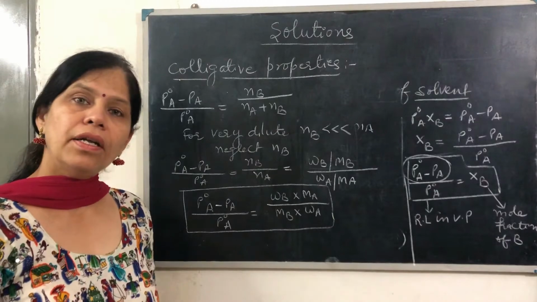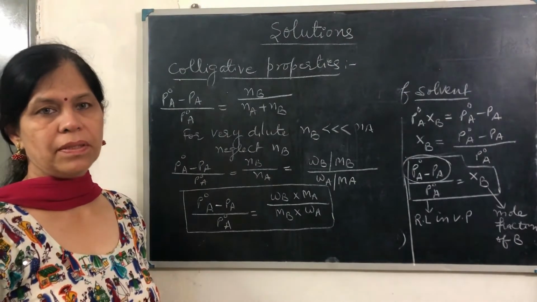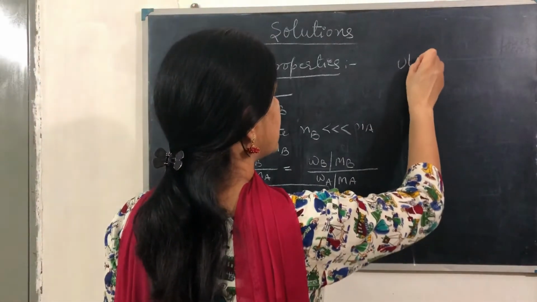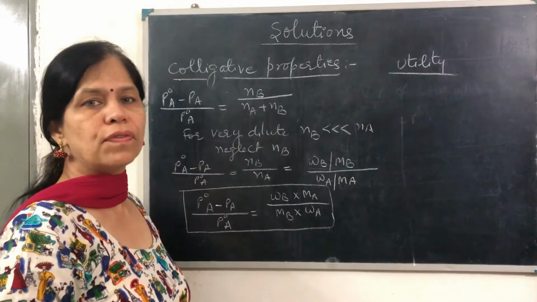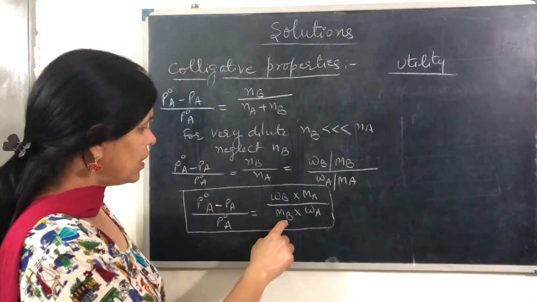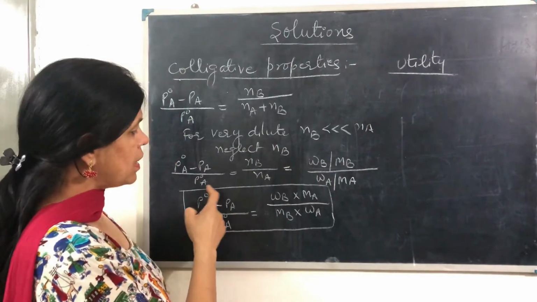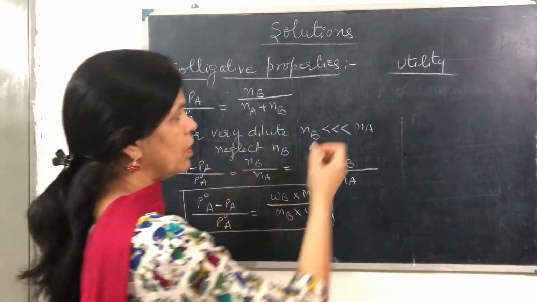What is the utility of studying all these colligative properties? Utility is to determine the molar mass of solute. How will you determine this? Just take molar mass on this side and relative lowering in vapor pressure on this side.